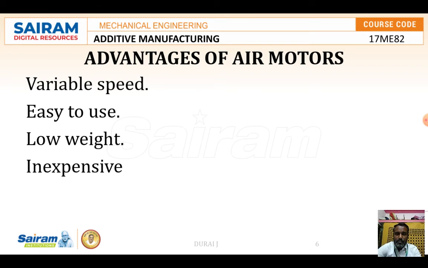Normally the advantages of air motors are that they have variable speed, they are easy to use, low in weight and inexpensive. Wherever we require, we can move the air motors, and you can also change the speed of the air motor.